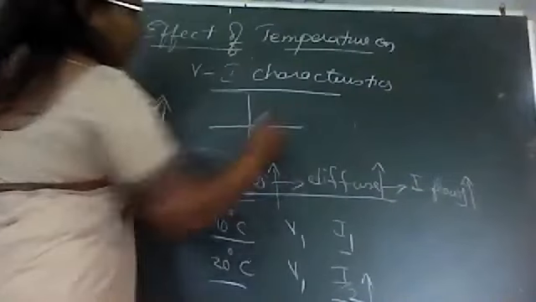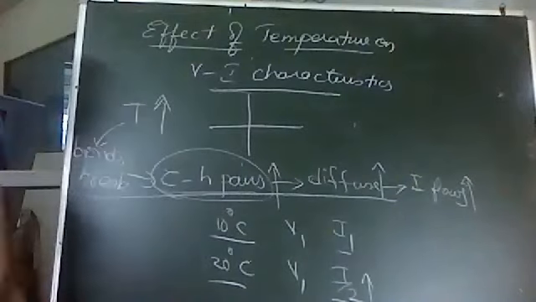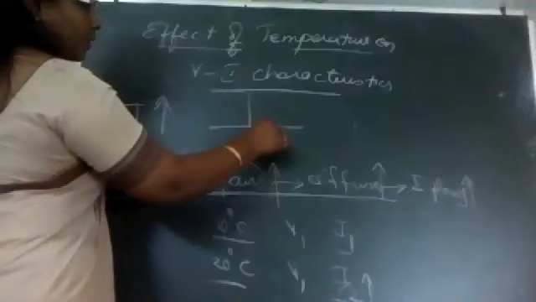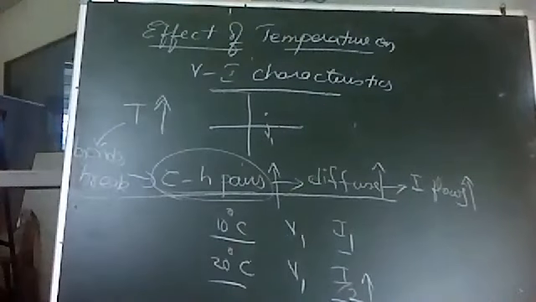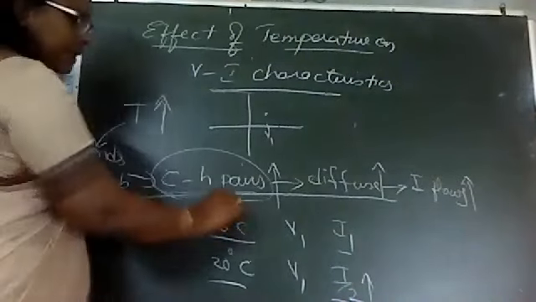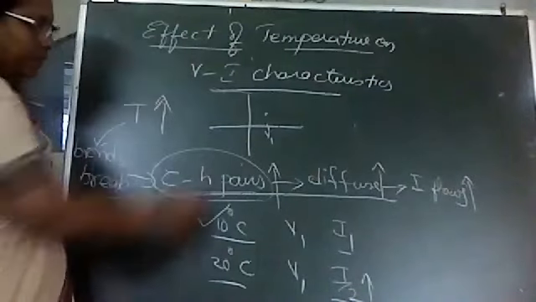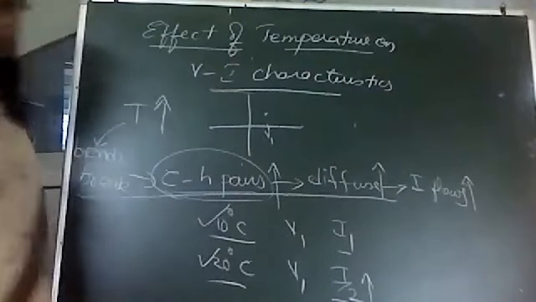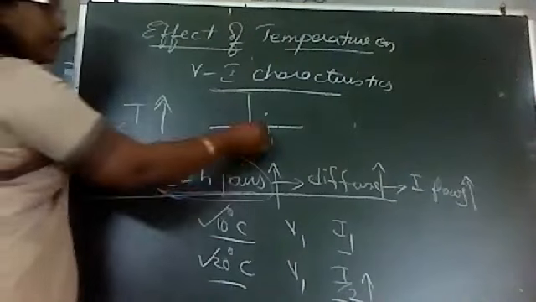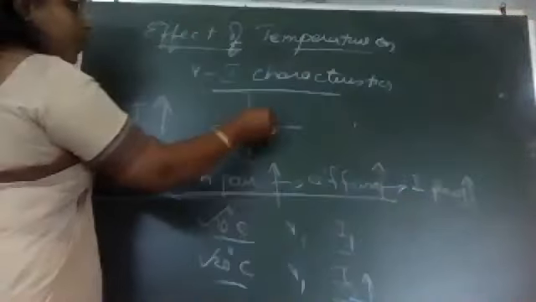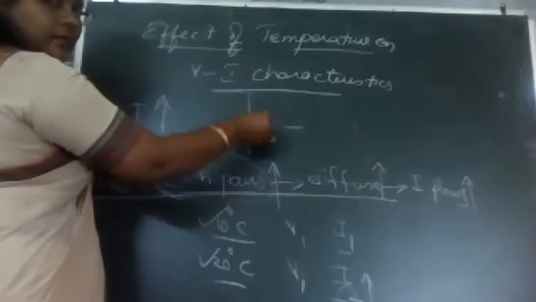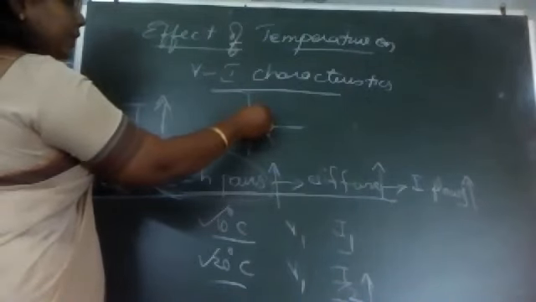If I try to plot it in the graph, let us say this is at voltage V1, I observe this current I1 at 10 degrees centigrade. Now for the same V1 at 20 degrees centigrade, I observed a larger current, greater than I1, so I found this value before V1 itself, somewhere here.